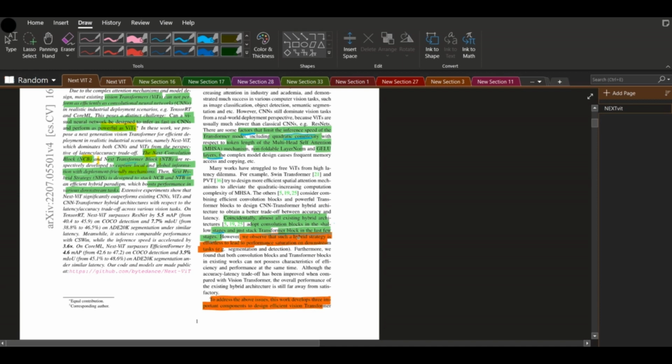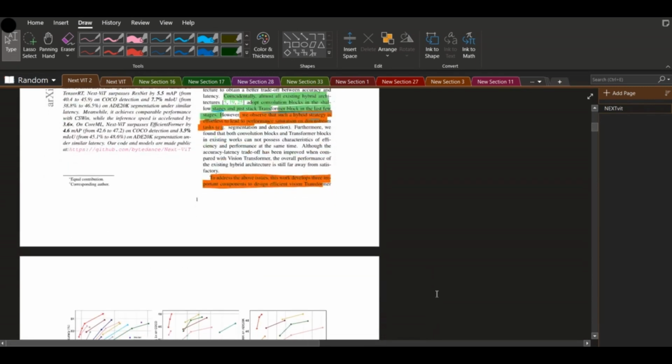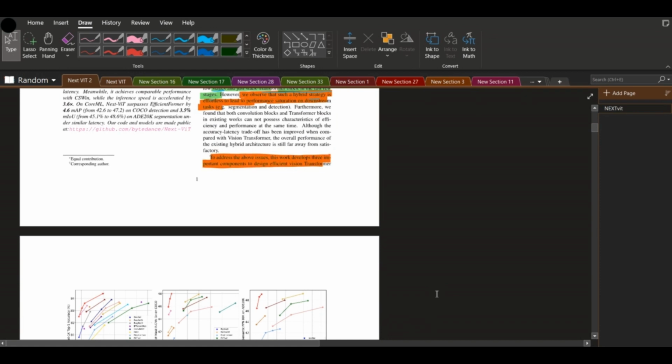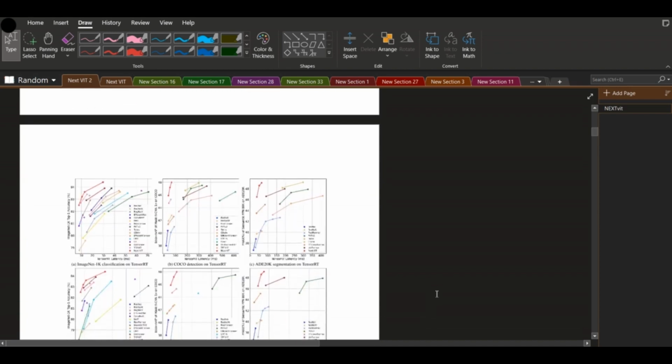However, based on their observation, these hybrid strategies easily lead to performance saturation on downstream tasks such as segmentation and detection. So to address these bottlenecks and findings in previous papers, they propose three important components to design an efficient vision transformer.